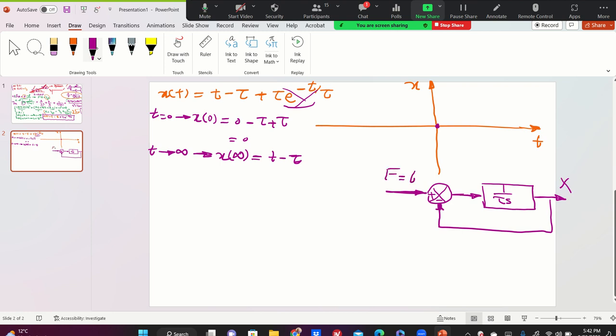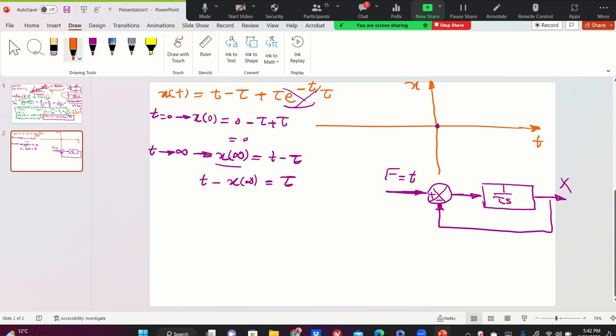I'm showing you the time domain, but you have to show it in the frequency domain. I'm just showing it for teaching purposes. So you say x equals 1 over tau, t minus x. So what I'm going to do is say t minus x is equal to tau. See, t minus x is equal to tau.